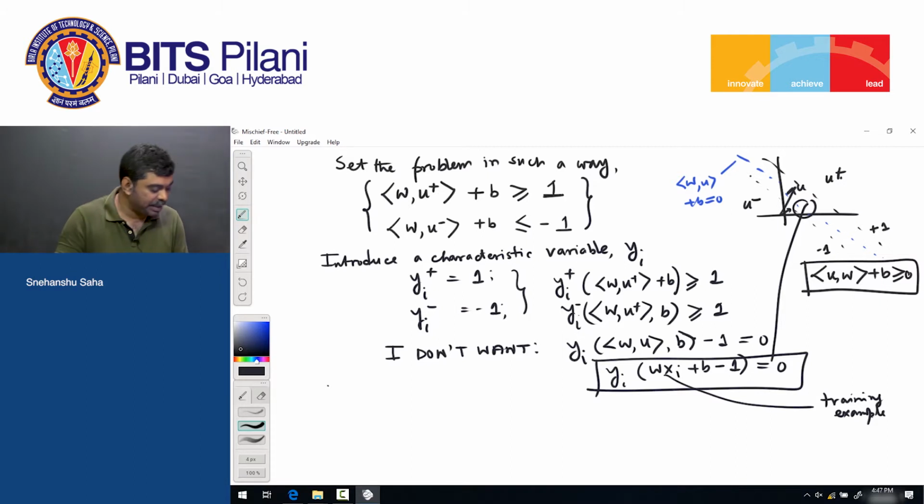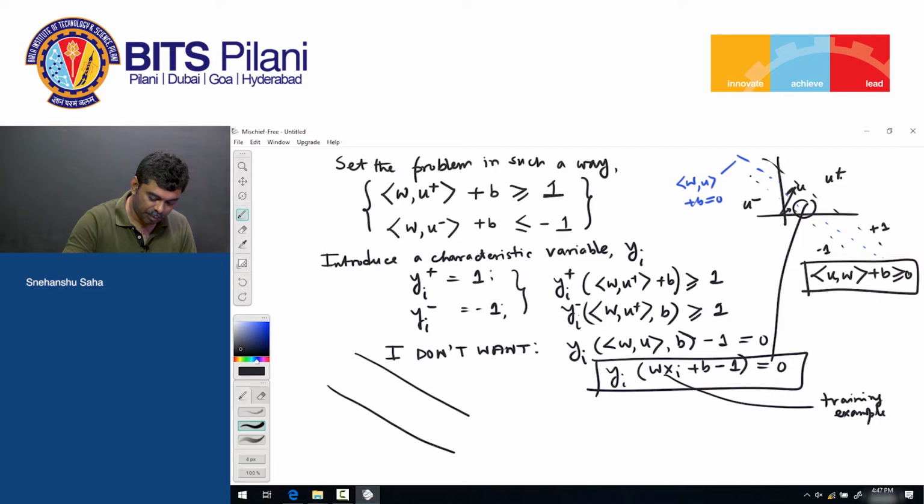So therefore, the question is, if you recall, we began asking that question: how do I quantify the width? What is the width that we are trying to maximize? So let's look at that problem carefully. Here is the deal. I have a projection.